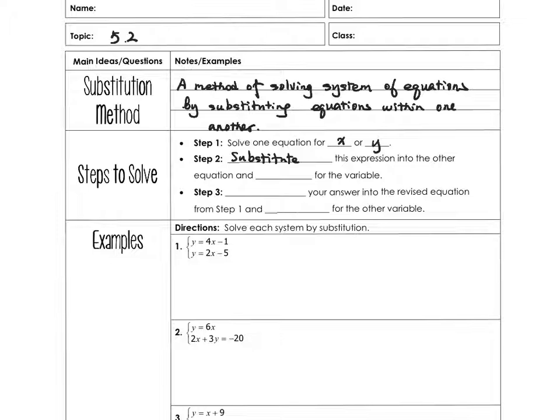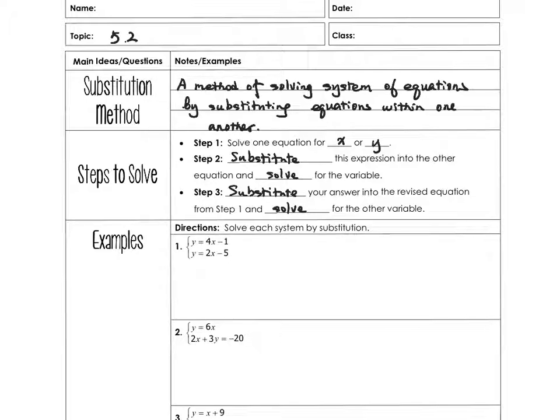So if you solve for x, you sub it into y. If you solve for y, you sub it into x. You'll see what I mean. And then you solve for the variable. And the third step is to substitute your answer into the revised equation from step 1 and solve for the other variable.